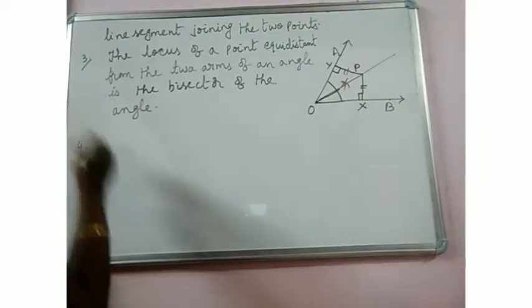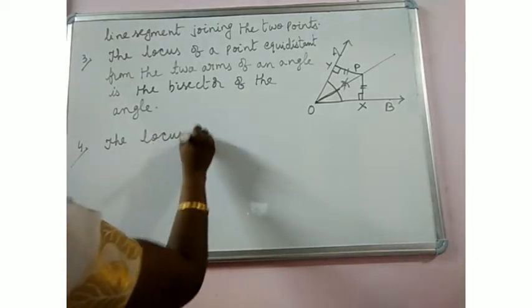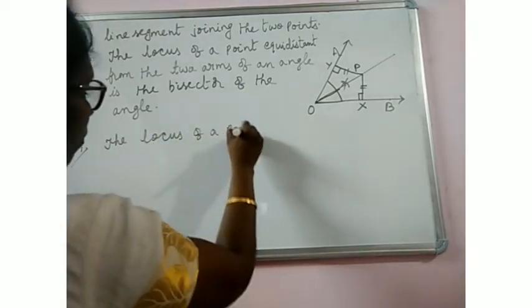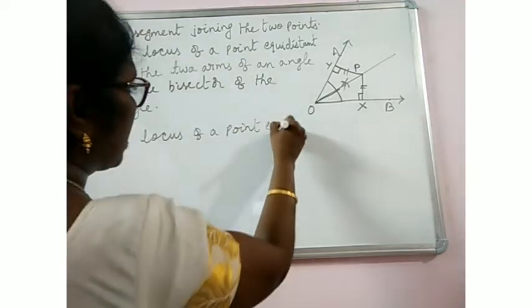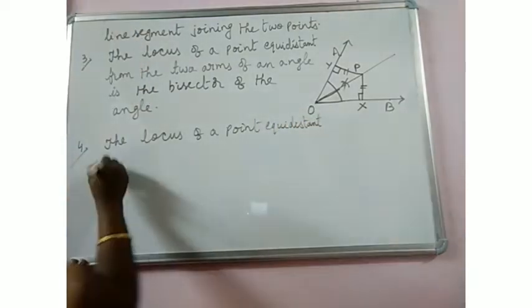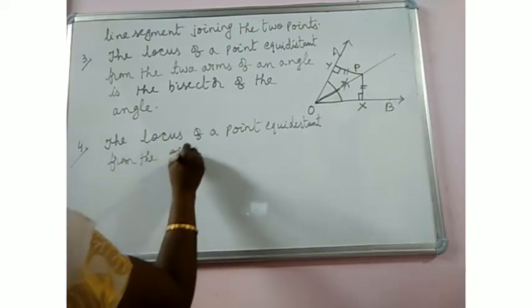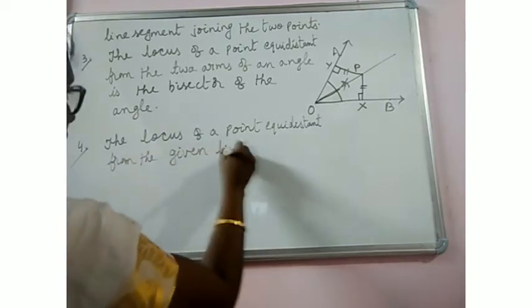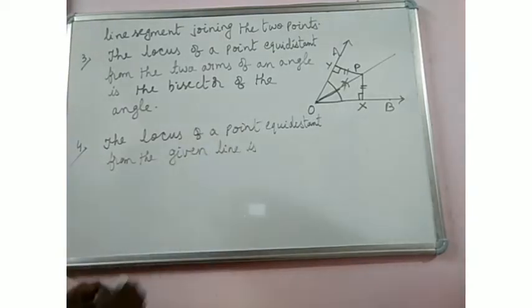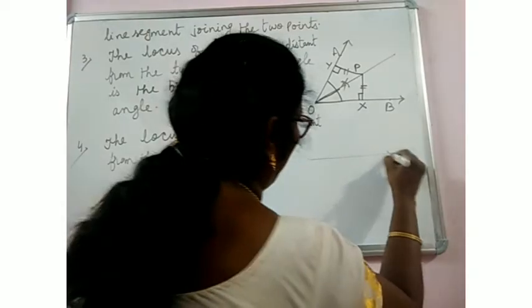Okay, let me give you one more example. The locus of a point equidistant from the given line is, what is that? Suppose a line is given to you.